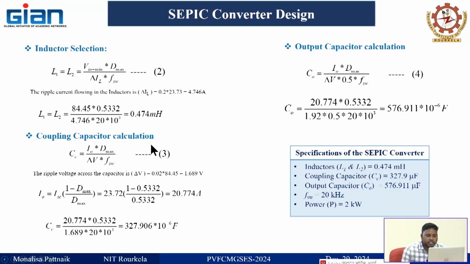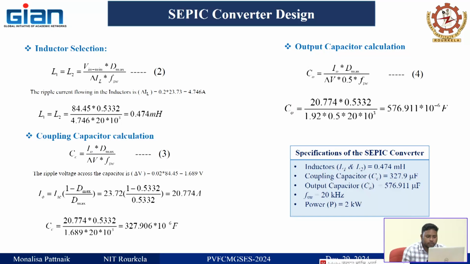So what about the coupling capacitor? We calculate it using I0 into D max. Why D max? Because at D max the maximum output voltage will be there, so we have to design our parameters for that high voltage.